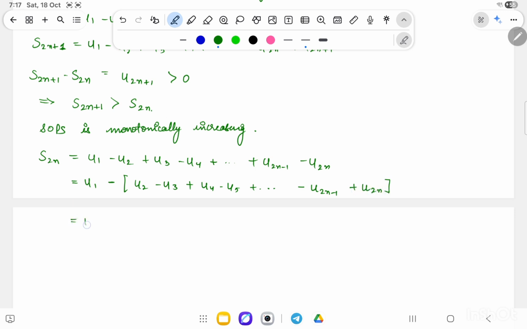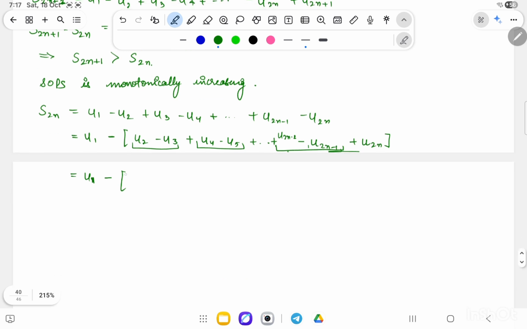So it will be equal to u1 minus, clubbing two terms together. Before this term there will be u(2n-2) as well, so we are clubbing these two terms together and we'll be left only with u2n. So this can be written as u2 minus u3 plus u4 minus u5 and so on, plus u(2n-2) minus u(2n-1) plus u2n.